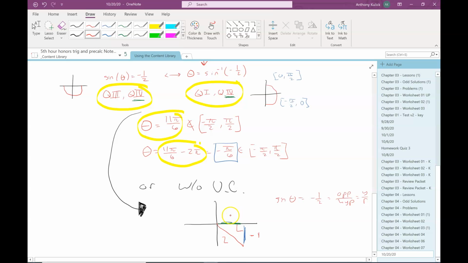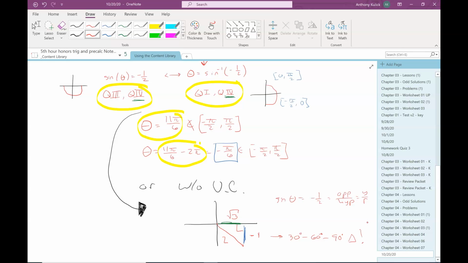I can use the Pythagorean Theorem then to figure out that third side. And what I notice is that this is a 30, 60, 90 triangle. Everybody okay there? How did I recognize it was 30, 60, 90?